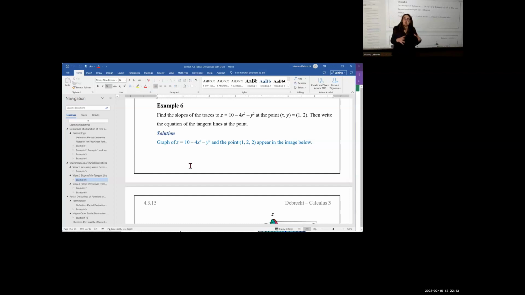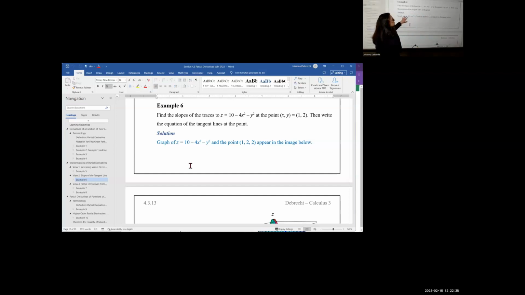So (1, 2) is the point from the domain. It's the input value. And when we plug it into this function, we'll get an output, which is the z value. And then we want to write the equations of the tangent lines at that point in their vector parameterization form, right? So as a space curve.